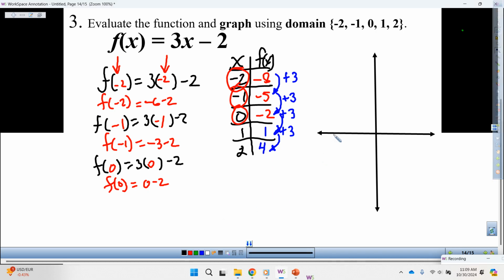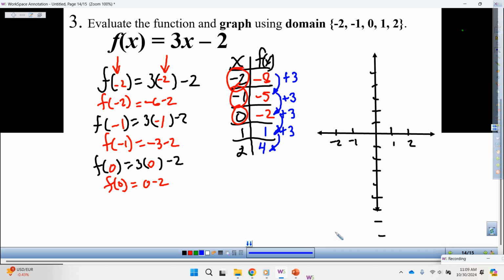All right, so the domain is from -2, -1, 1, 2, and we go from 1, 2, 3, 4, 5, and we got 1, 2, 3, 4, 5, 6, 7, 8.